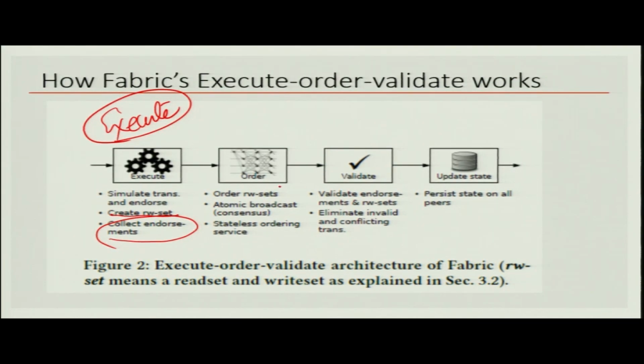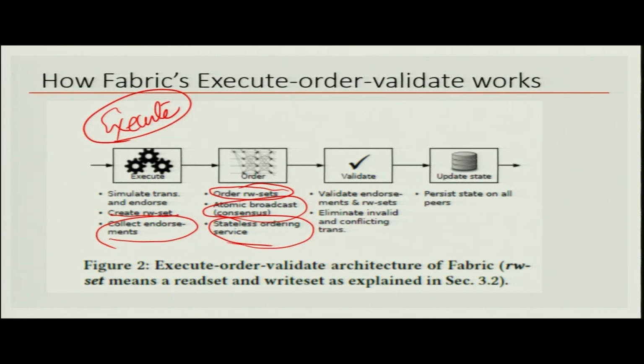The ordering service then only orders based on the read write sets and does an atomic broadcast among each other, and does a decide, and then this ordering service is stateless in the sense that it does not keep the state at all. It is totally agnostic of what application is running, what data is being kept, etc.